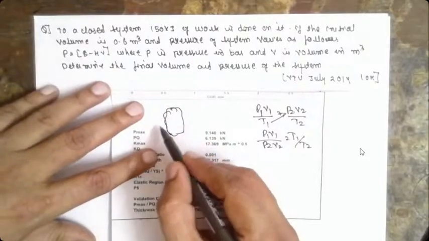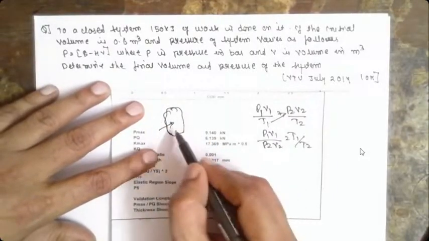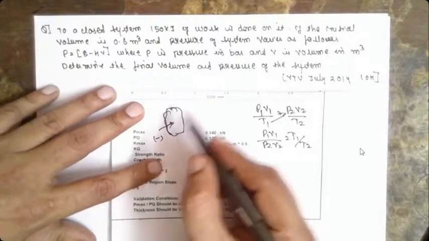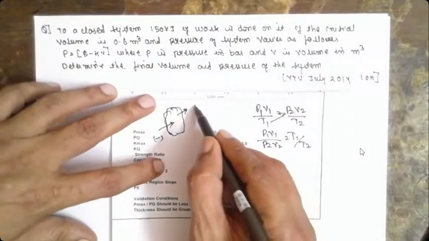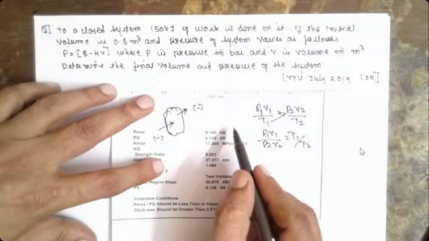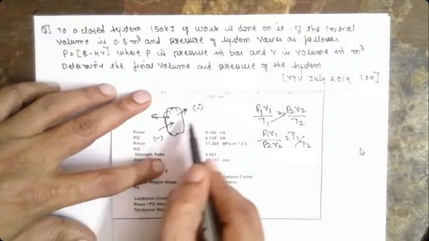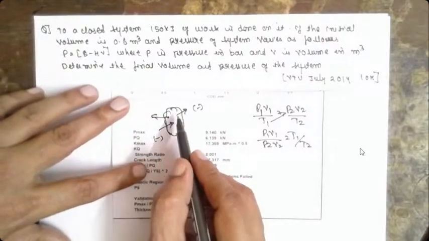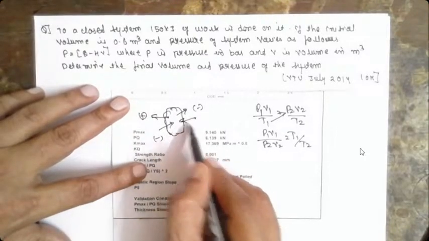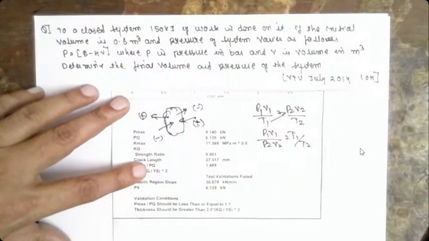If the work is done on the system, we need to consider negative. If the heat is rejected, we need to consider negative. If the work is done away from the system, we have to consider as positive. The heat is added, we need to consider as positive.